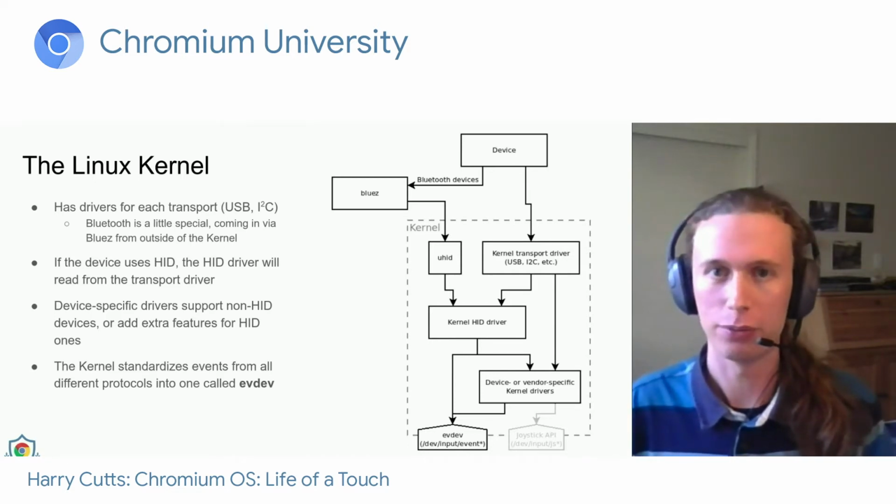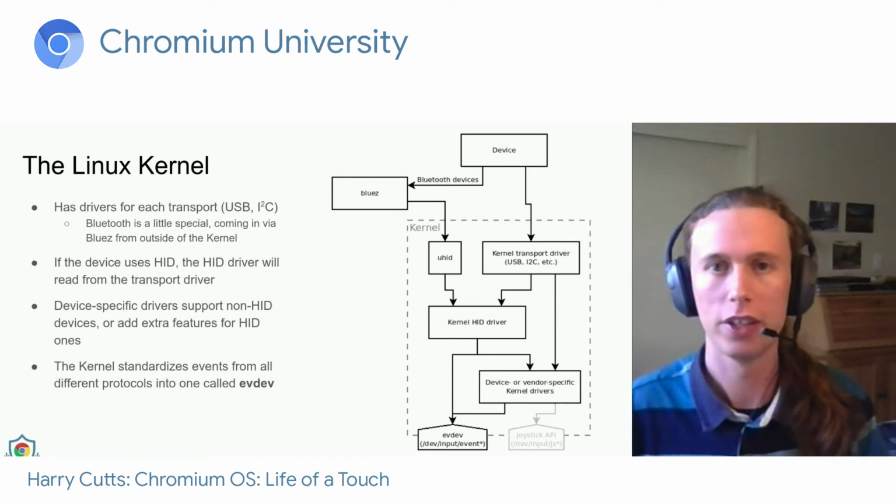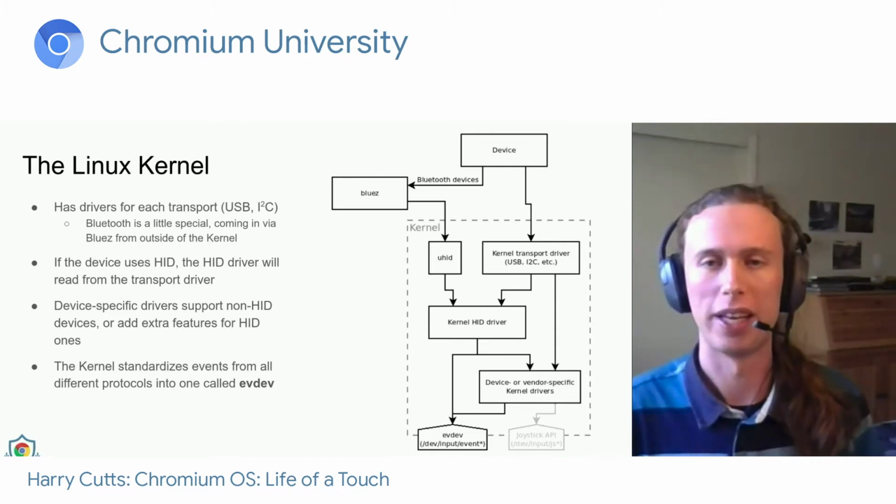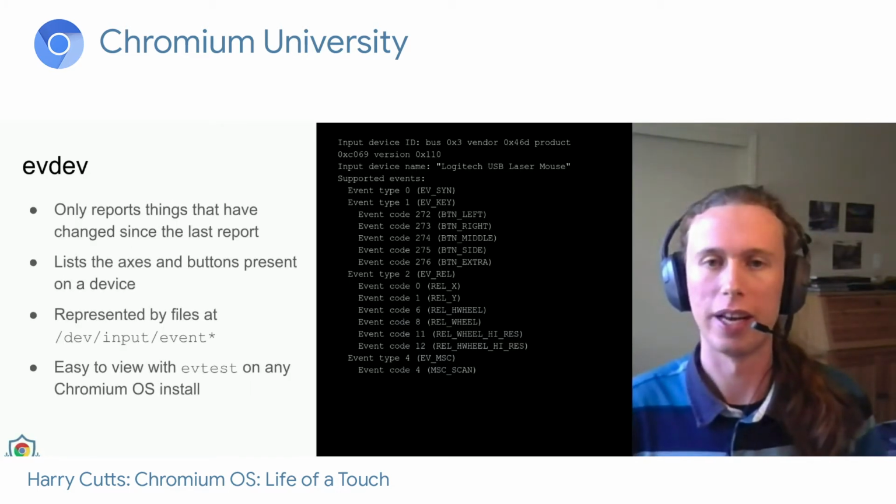Whichever is the case, we don't want to be thinking about this past the kernel. We just want a standard representation of any input that comes in. So the kernel has a protocol called evdev. evdev is a little different from HID in that instead of sending everything every time, it only tells you what's changed.